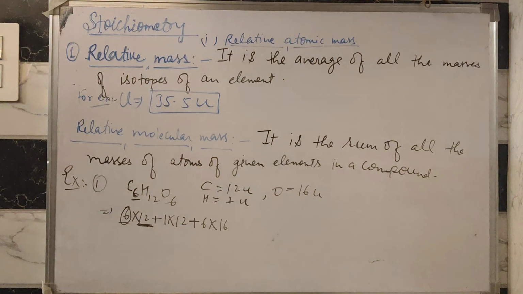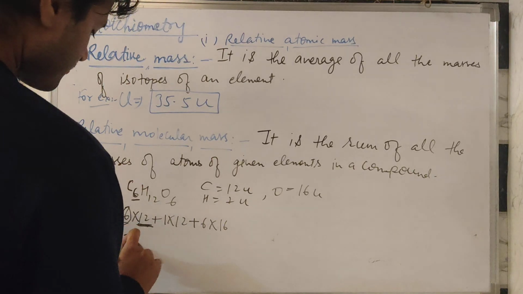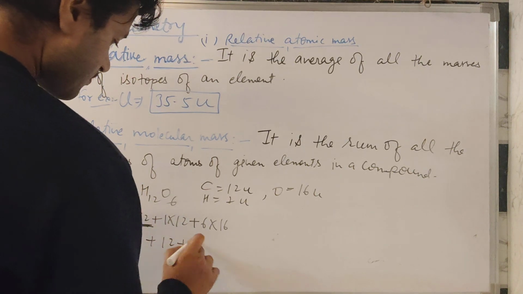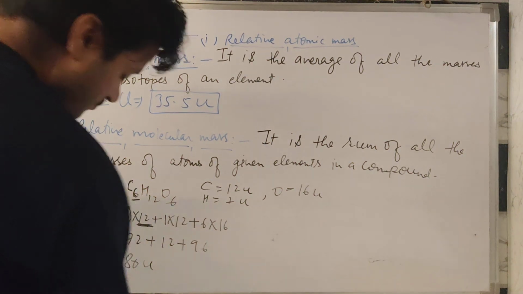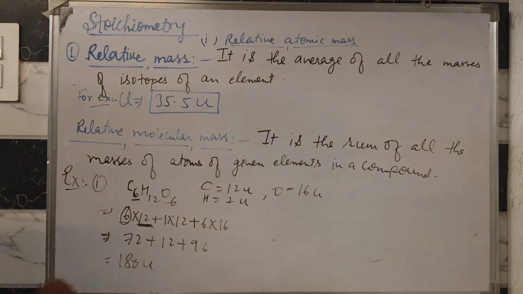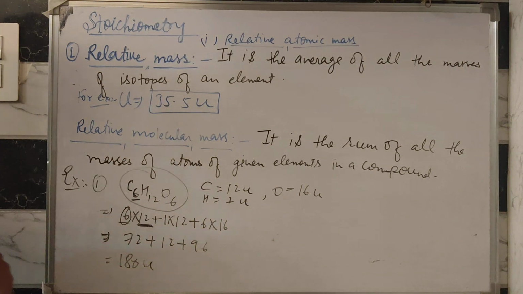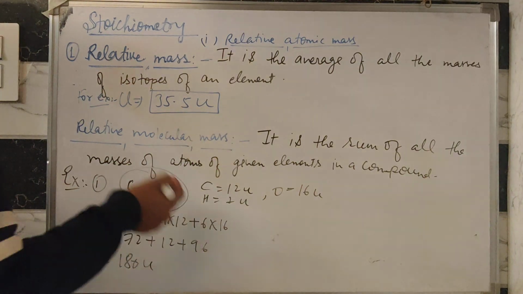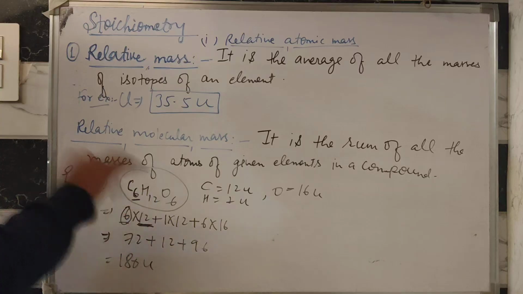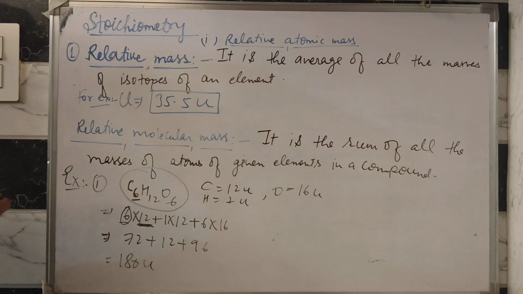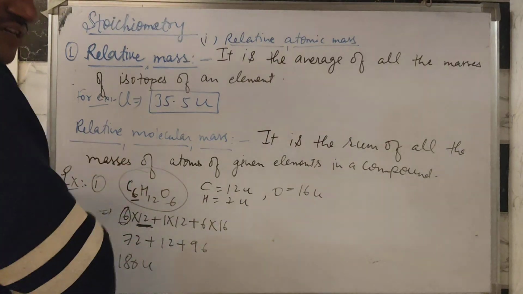Putting in these values, you get 72 plus 12 plus 96, and after summing up these digits you get 180 units. This is glucose, and I have shown the method to calculate molecular mass in this compound.